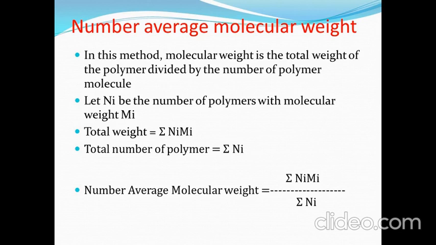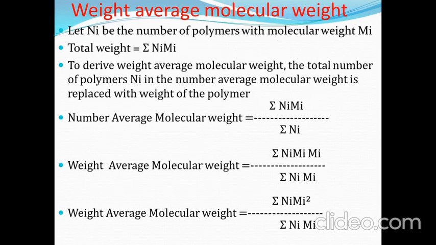The total number of polymers is nothing but the summation of the number of polymers, Ni. The number average molecular weight is equal to the total weight divided by the total number of polymers.